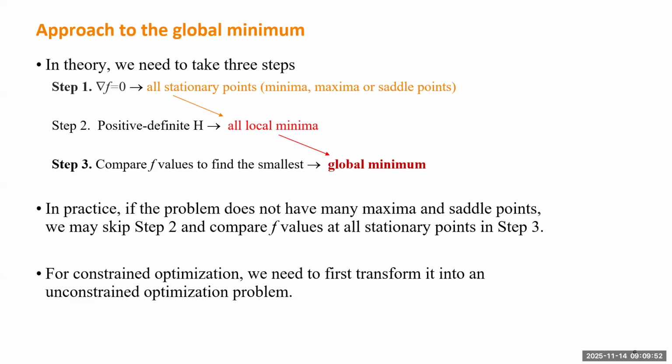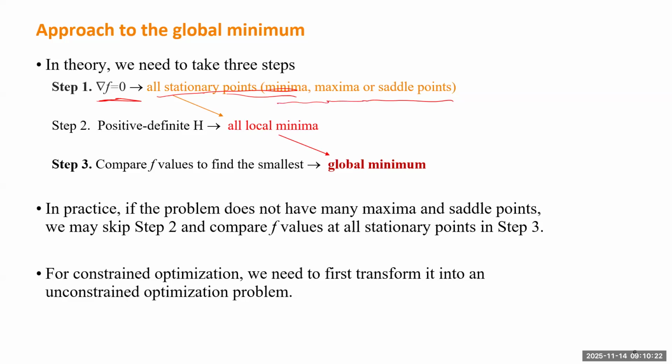So we learned some basic methods for solving optimization problems. Typically it will take 3 steps. If you have a nonlinear function, you need to find the gradient vector del f. The gradient vector needs to be 0, which means you first narrow down your search to all stationary points, but these will include minimal points, maximal points, or saddle points.